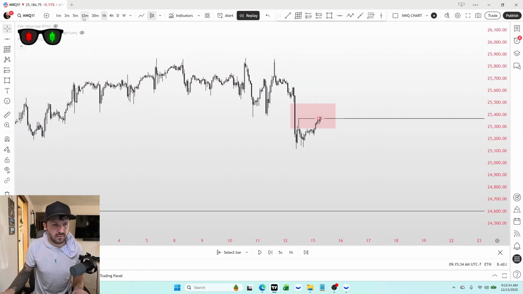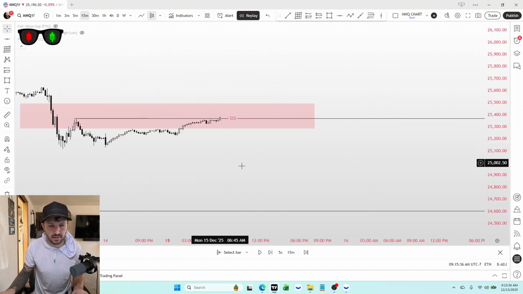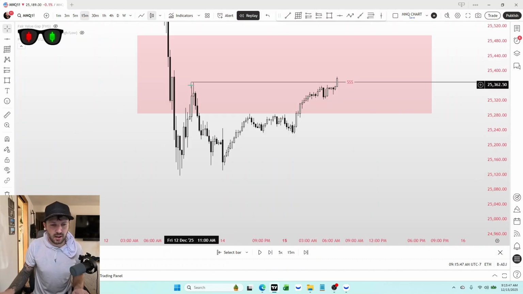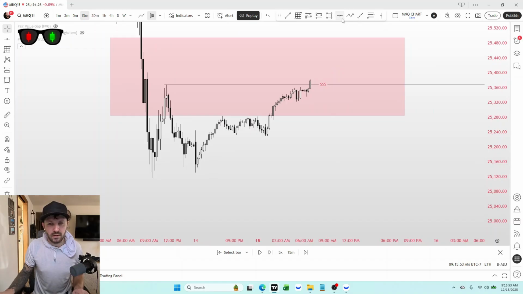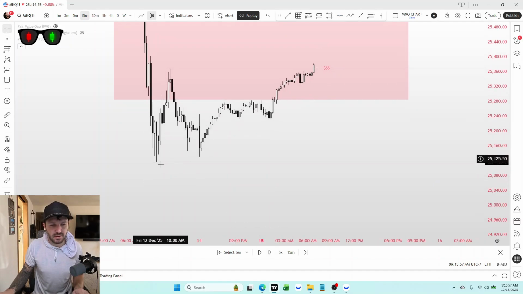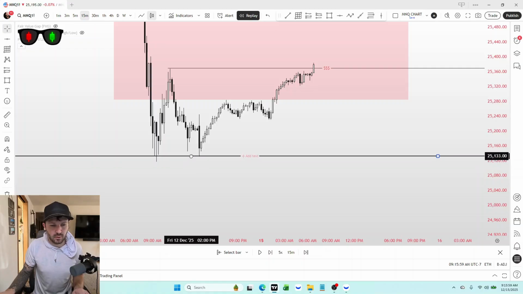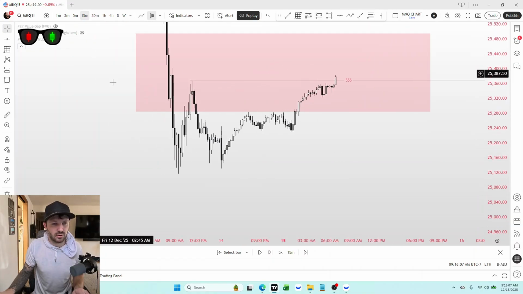So let's jump over to the 15-minute and get a closer look. We have a low, a higher low, and we just created this higher high. So the best place to buy would be anything after this low gets mitigated, or this one. Ultimately, long term, I'm still bullish.